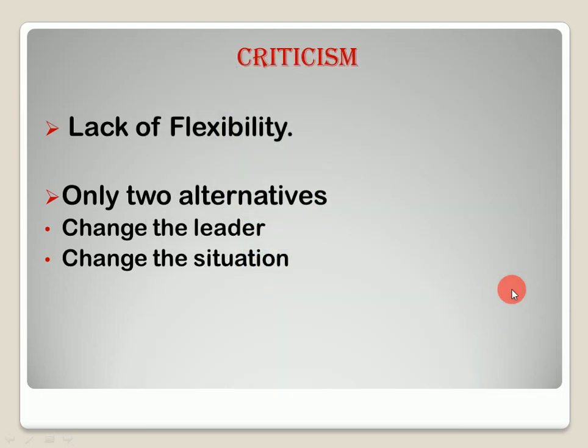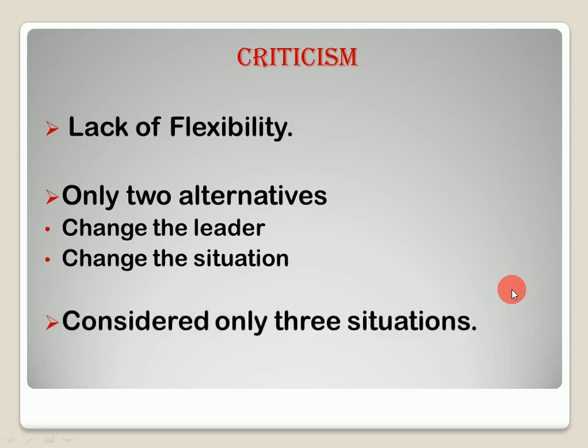And the third criticism was that he considered only three situations in his model. However, practically there could be different situations, but he considered only three, and for that he was criticized as well. Now there was another issue with the LPC scale.